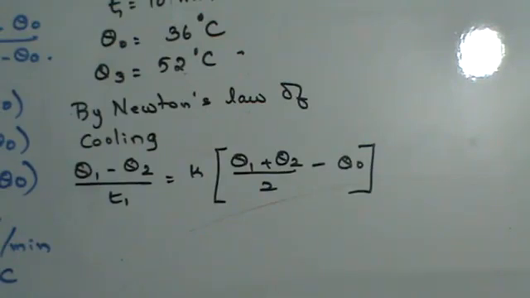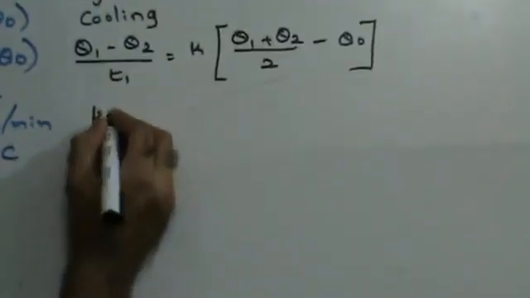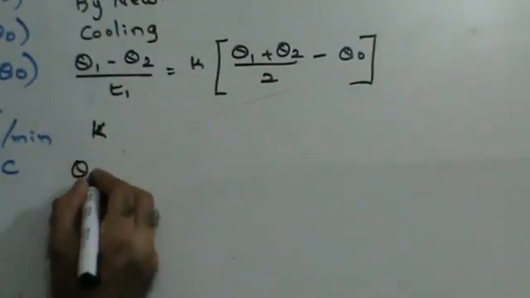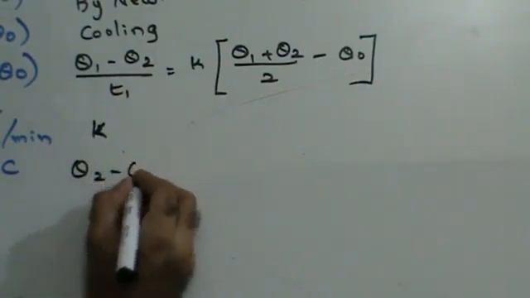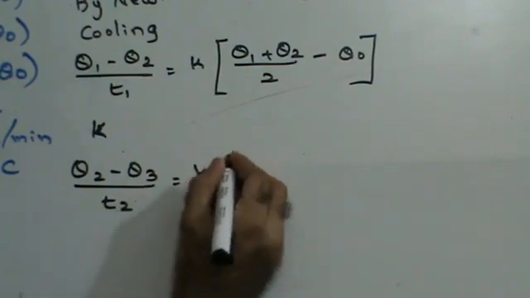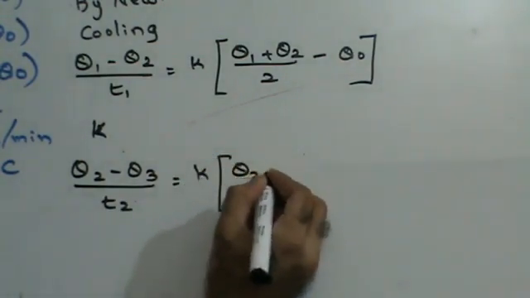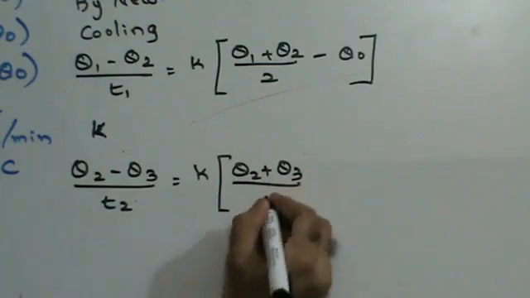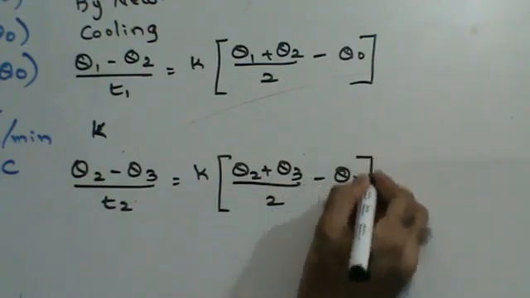Right? Once you have the value of K, they've said, how much time will it take to cool from 60 to 52? I want to cool from 60 to 52, in time T2. K times the average temperature of the body over the surrounding.